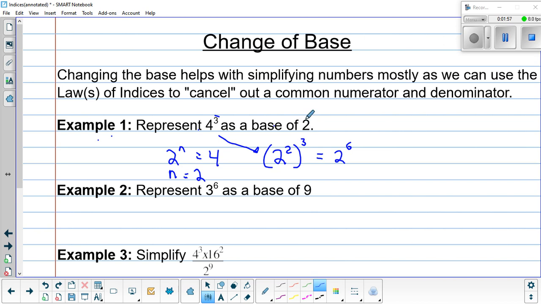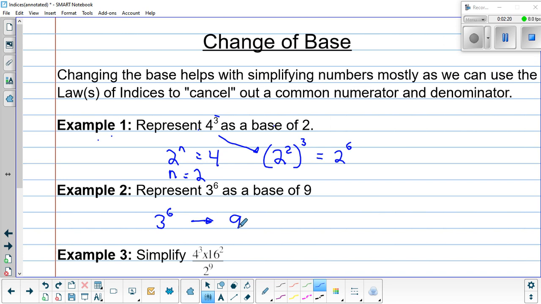Represent 3 to the 6 as a base of 9. Well, what happens if we have to go the other way? We have 3 to the 6, and we want this as 9. How exactly do we get 9? Well, 3 squared is 9.